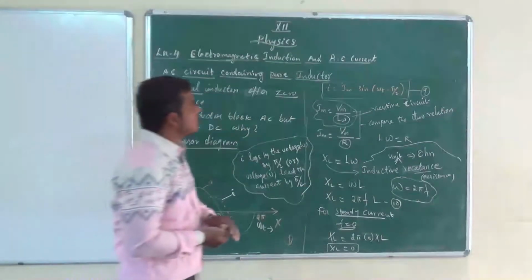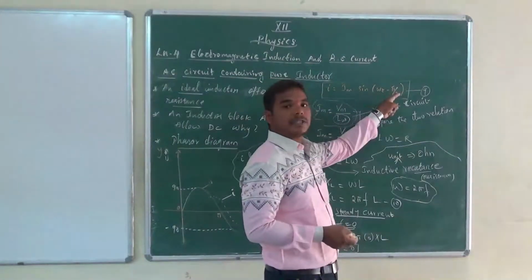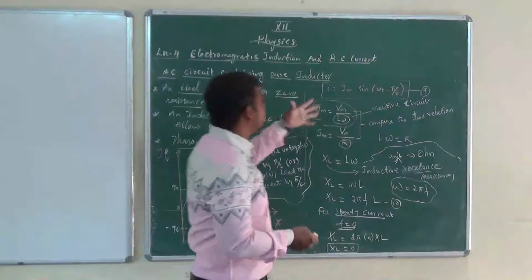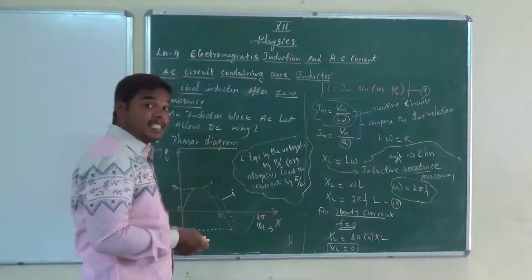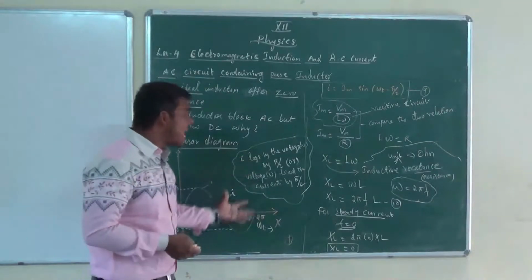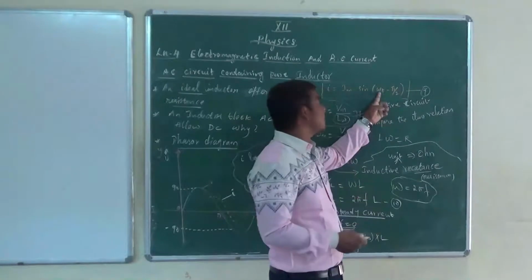See here, consider equation number 9: I equals Im sin of omega t minus pi by 2. Why is it written as omega t minus pi by 2? Because the current lags. How much angle does it lag?